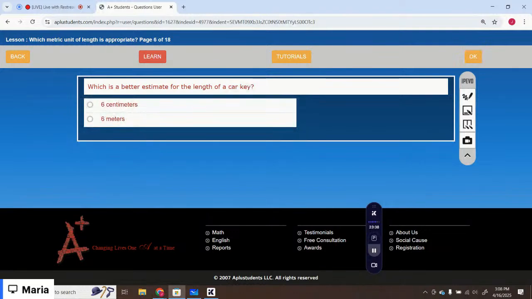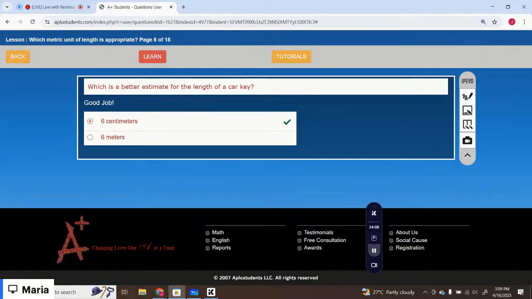So, which is the correct option? Car key must be 6 centimeters. Option number one is the correct option.